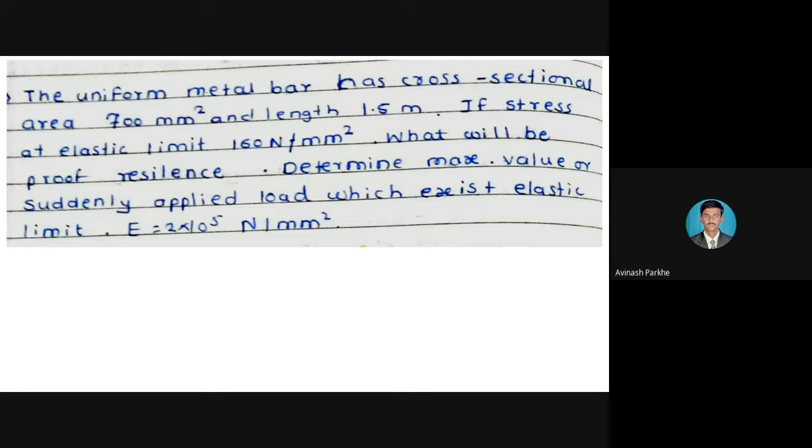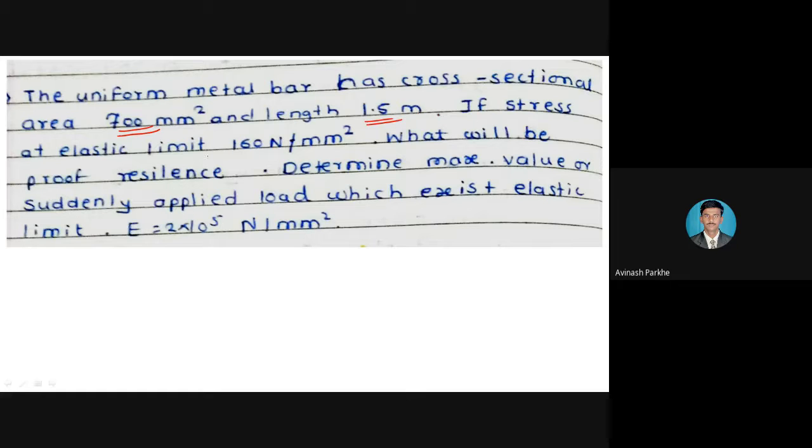The uniform metal bar has cross-sectional area 700 mm square and length 1.5 meter. So the cross-sectional area value is given directly, 700 mm square. The length of that particular section is also given, how much?